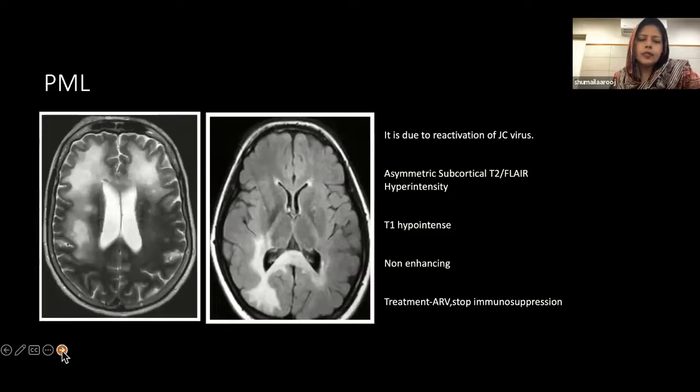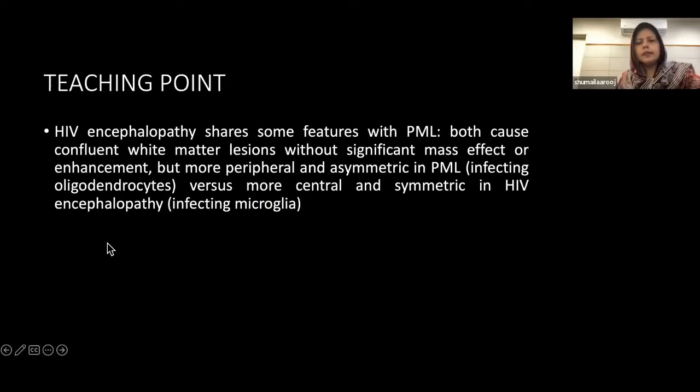Both cause confluent white matter lesions without significant mass effect, but more peripheral and asymmetrical in PML, as they infect the oligodendrocytes more, but they are more central and symmetrical in HIV encephalopathy because they infect the microglia. So it is an important thing to remember.